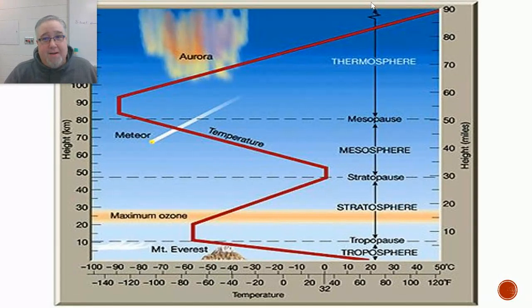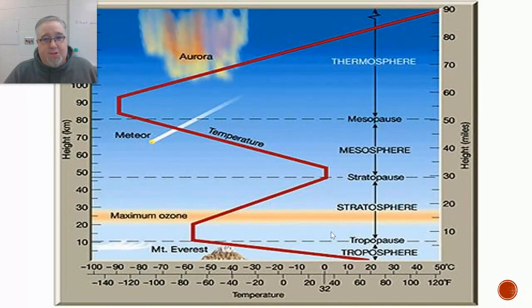I didn't list it on this picture, but that's okay. What we're going to talk about today is these major layers and what happens to temperature as we go up in altitude. You see this red line here, it represents temperature. Over here on these y-axes, these represent altitudes. This one here is in miles, this one here is in kilometers. Don't worry so much about that.